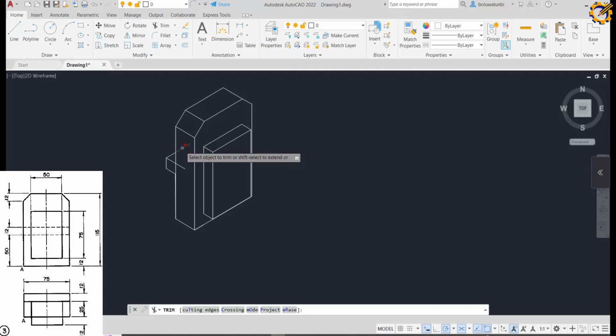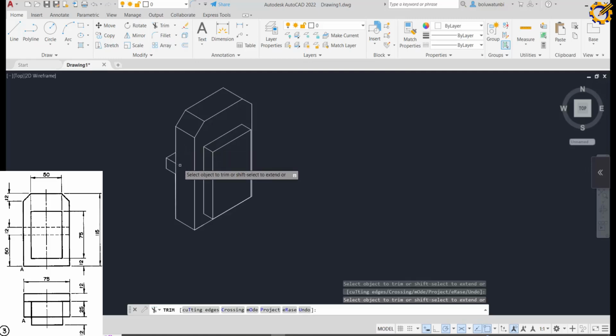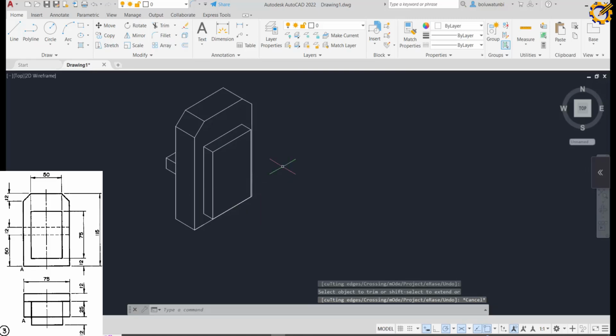I'm trimming this and this and probably this. Okay, and that is the production of that particular drawing in isometric.